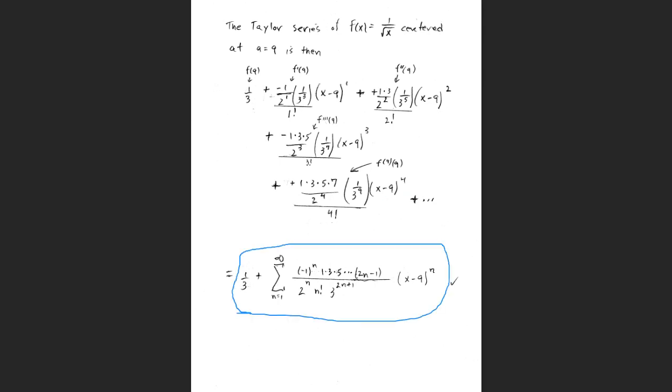All I did was follow the Taylor series formula given in section 8.7 in your textbook to arrive at the answer. I'll let you copy, and let me know if you have any questions, please.